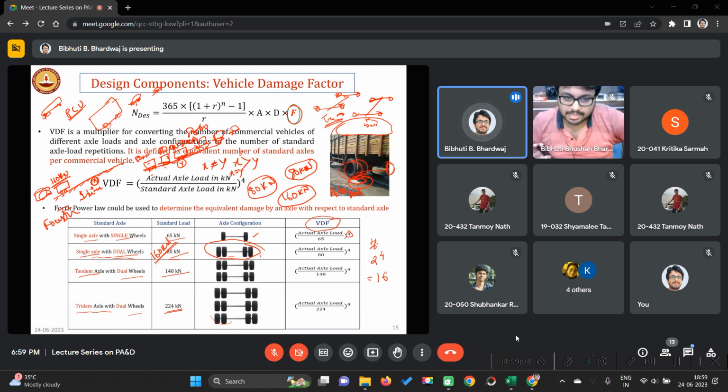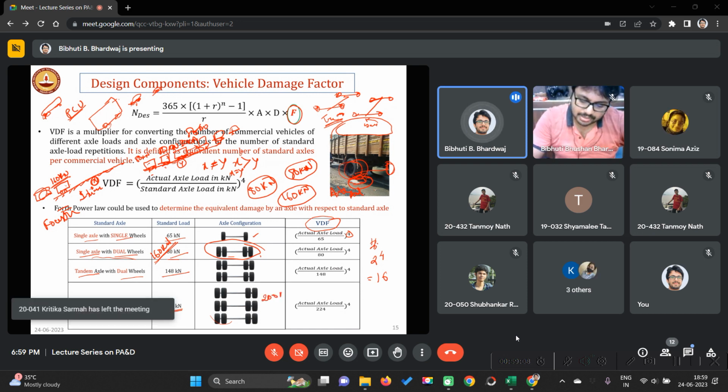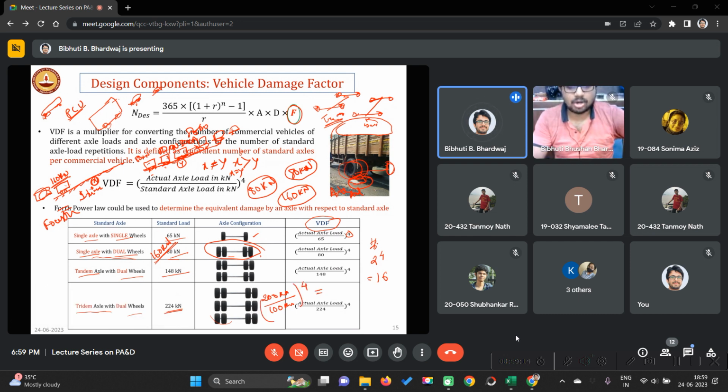If some vehicle is taking say 200 kilonewton instead of 100, that means it's almost like 1600 kilonewton vehicles passing.